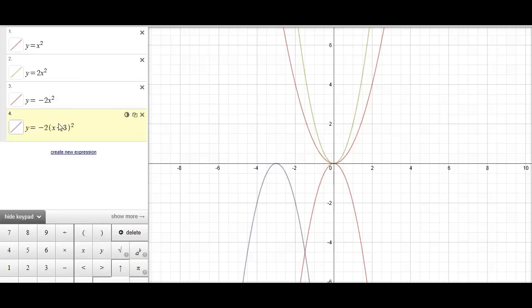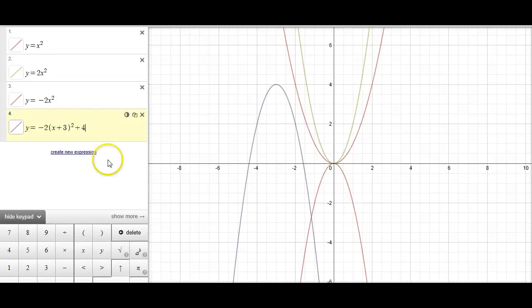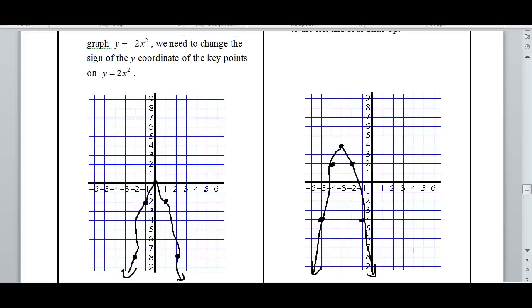So that's moved the reflected parabola 3 units to the left, and then we're going to add 4, and there's our final result, which the points of which should match up with what we have on the page over here, although the line itself is a little bit shaky.